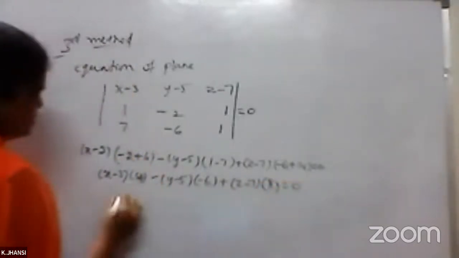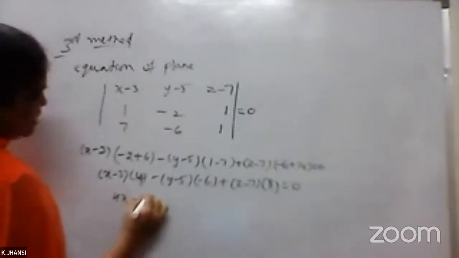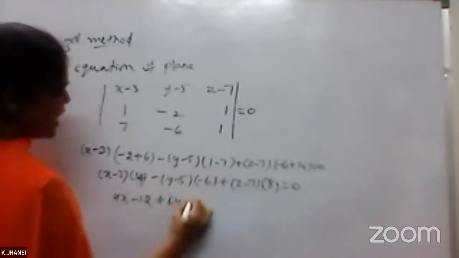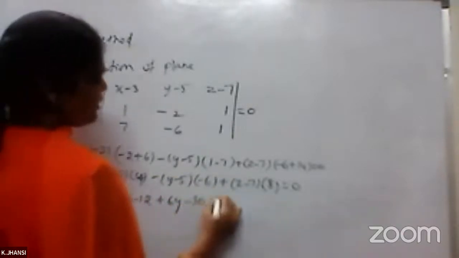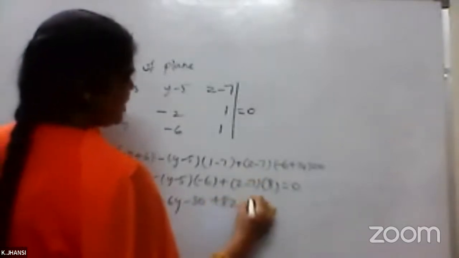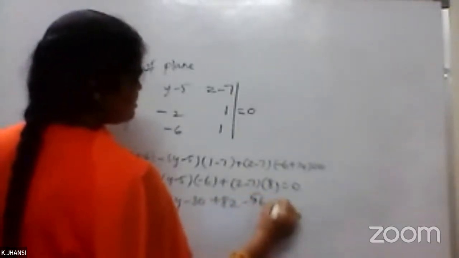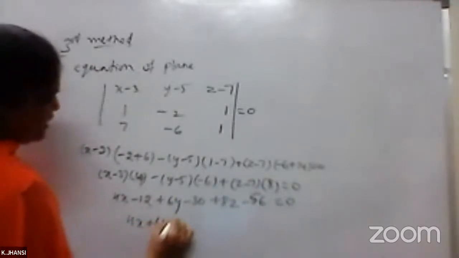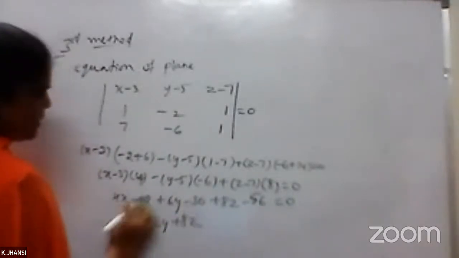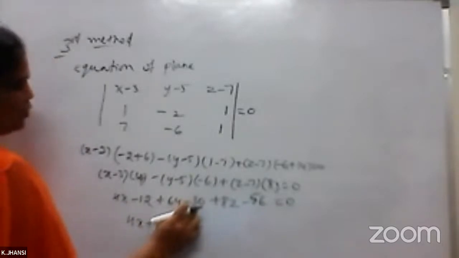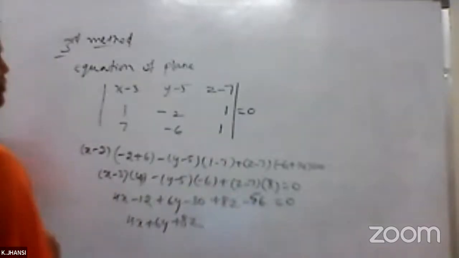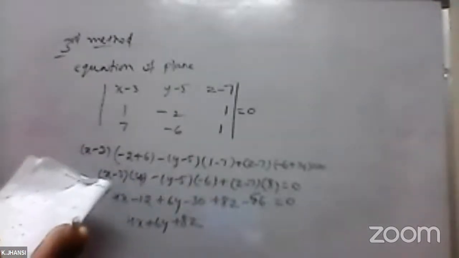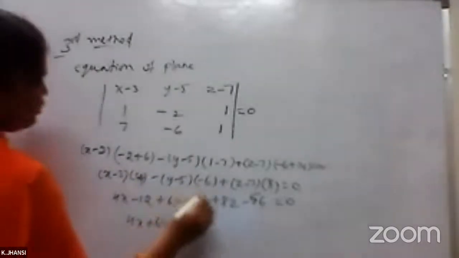Okay. So 4x minus 12 plus 6y minus 6 5s are 30 plus 8z minus 7 8s are 56 equals 0. So it is 4x plus 6y plus 8z, this is minus 42 minus 56. Minus into minus is plus. So this will be minus 98, you will get.